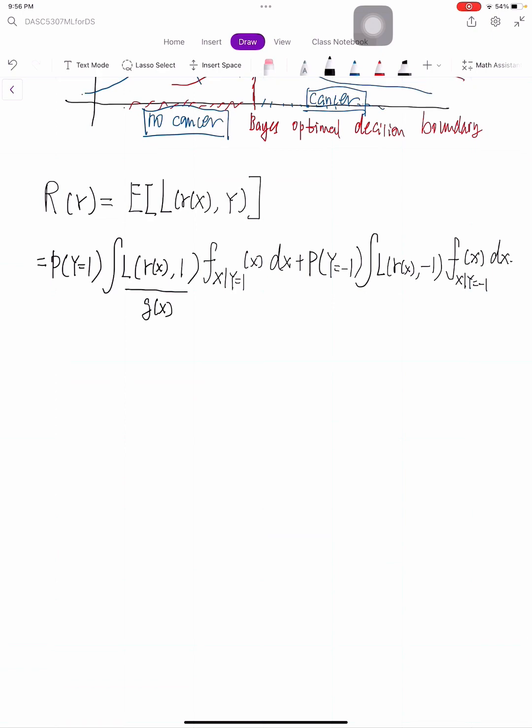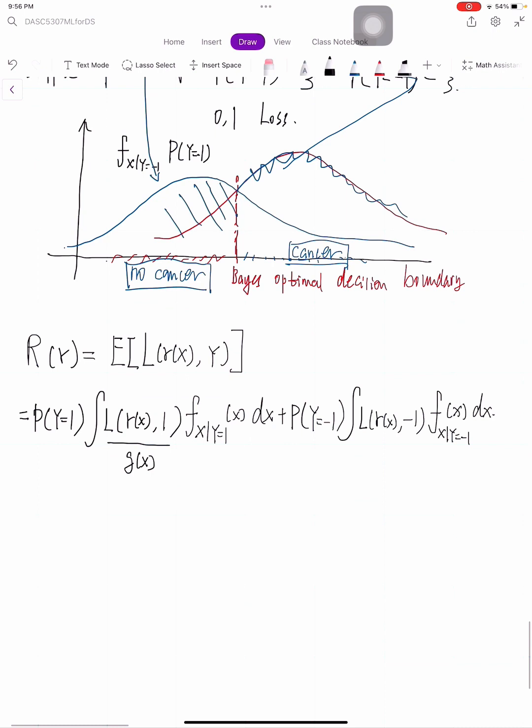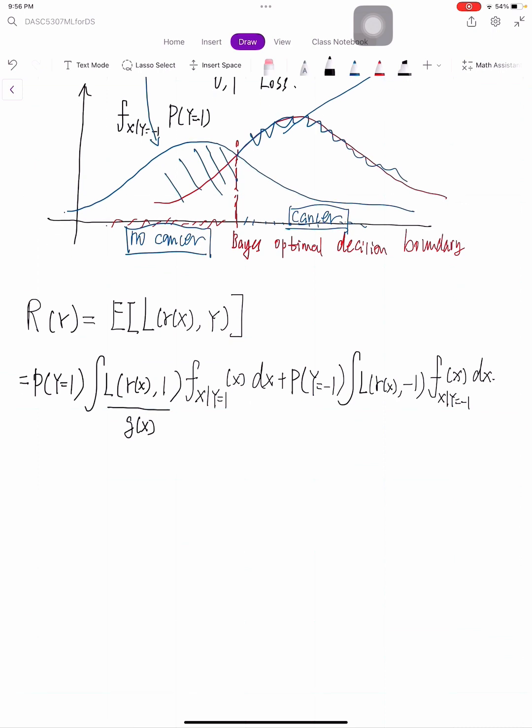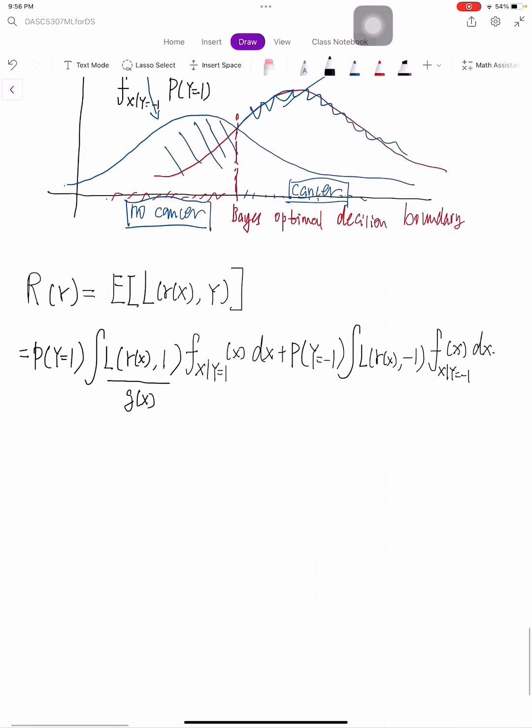And actually, if you combine these two terms together, because we have the 0-1 loss, for the correct prediction we give loss 0, and for wrong prediction we give loss 1.